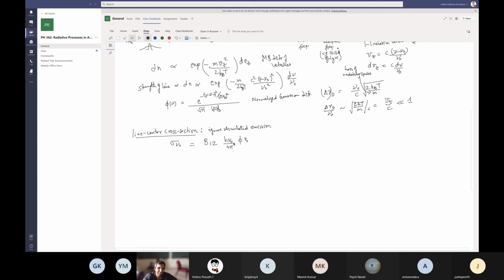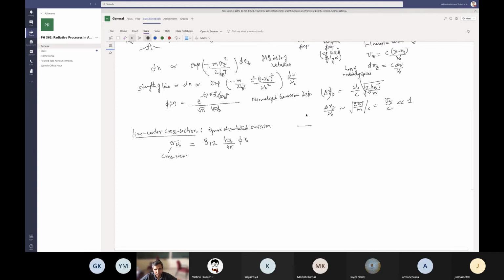And right, so basically these are all related. This is cross section. We are ignoring stimulated emission, so that's why we don't have the minus B21 term. We just have absorption.